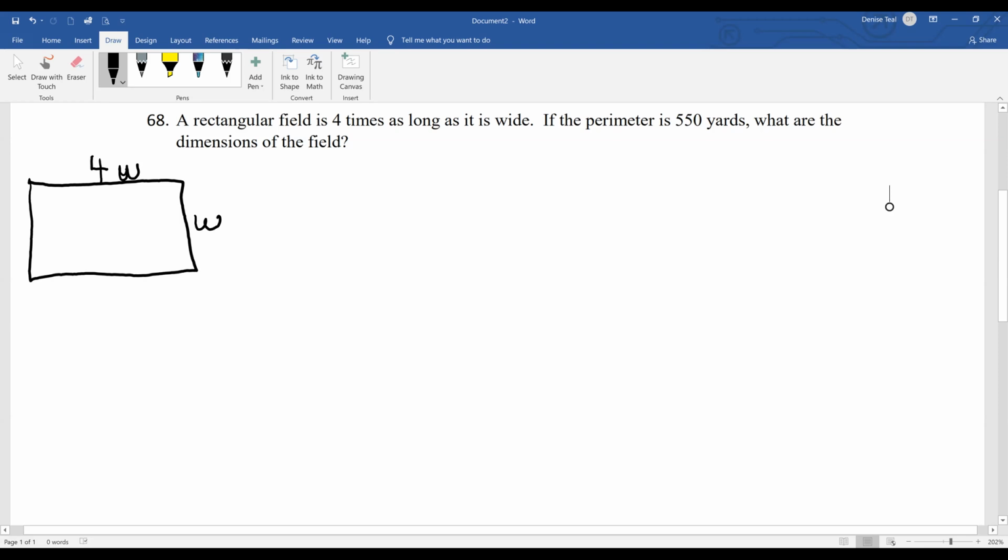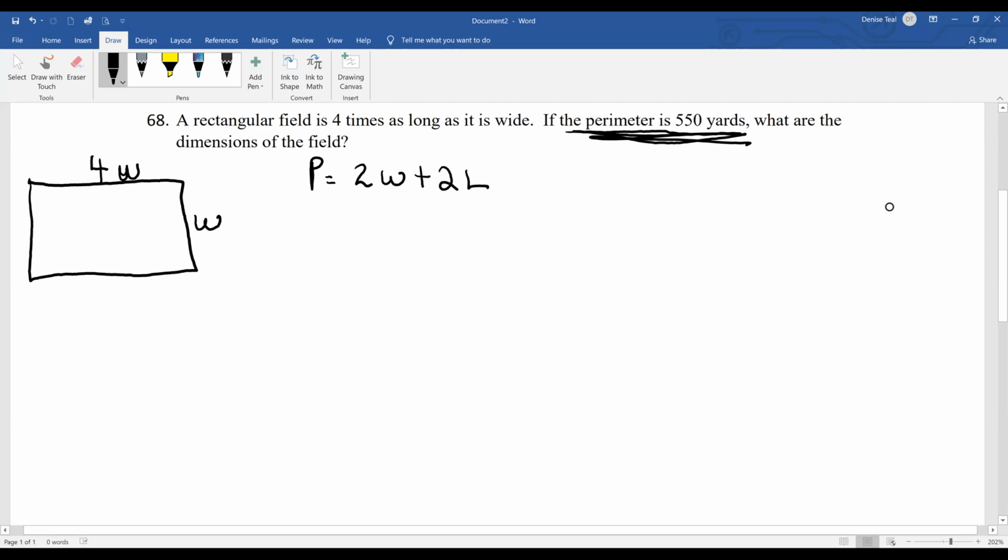But here, the last one they talked about the area, now they're talking about the perimeter. This is one of your core learning objectives, some basic geometry that you as a student should know: what the perimeter of a rectangle is. You add up all the sides around, so 2 times the width plus 2 times the length is the perimeter of a rectangle.